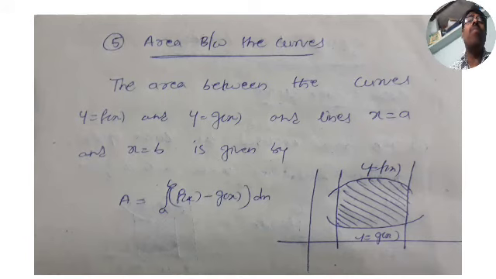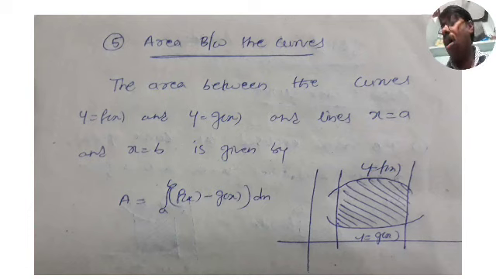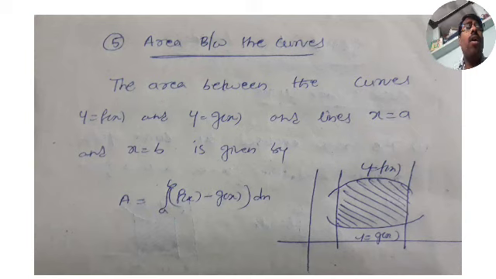And the very important fourth point is the area between the curves. The area between the curves f of x and g of x is given by integration a to b, upper curve minus lower curve. So these are the 5 points that I want to give.